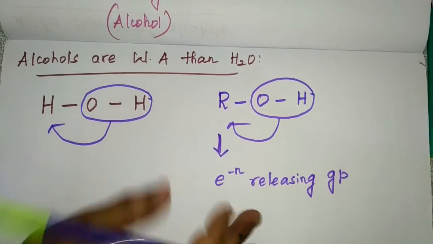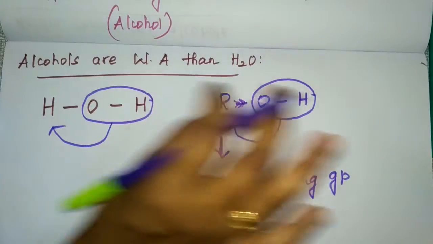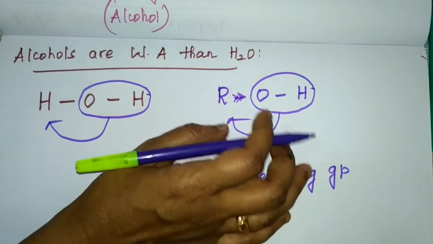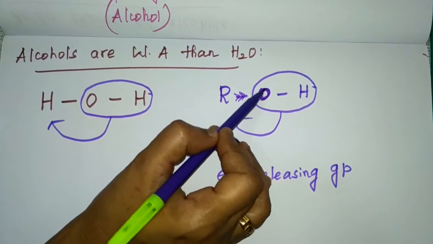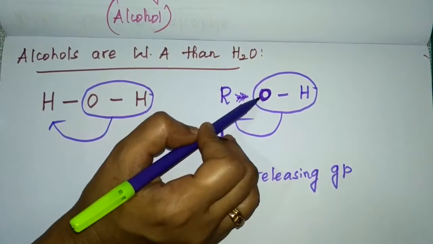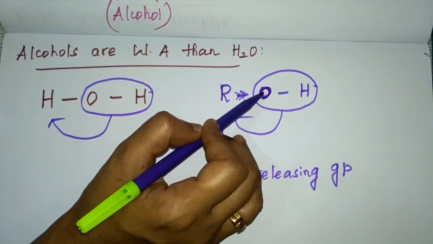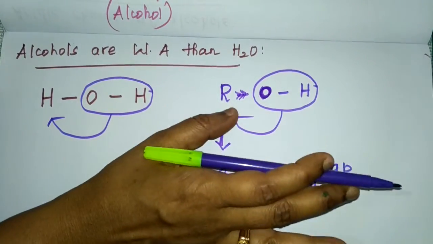So this alkyl group will release electrons to this oxygen atom. The electron density will be more for this oxygen. Will this oxygen take the shared pair of electrons from hydrogen? No, it won't take it. So this is the reason.